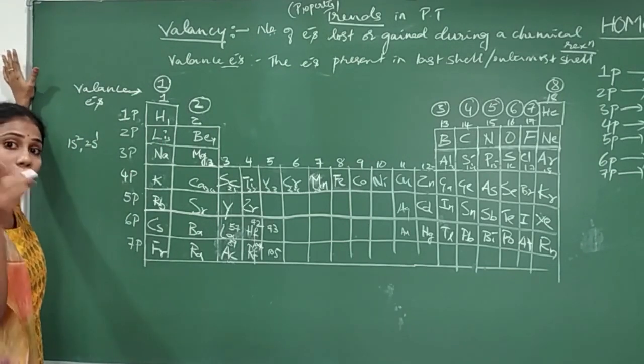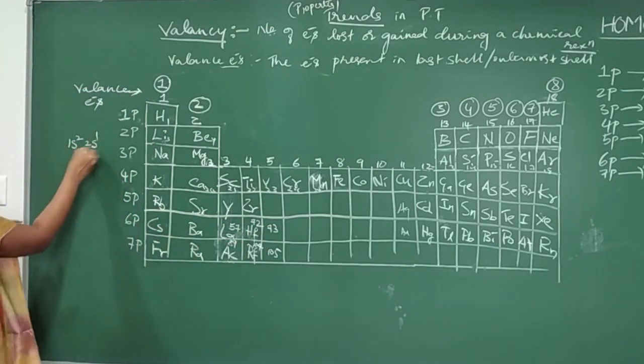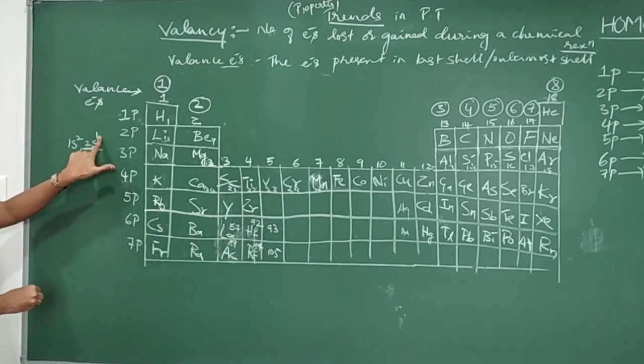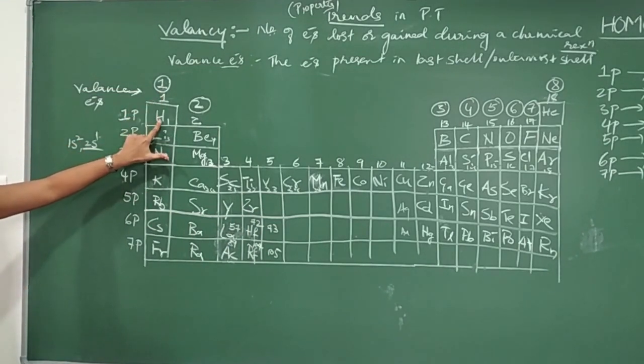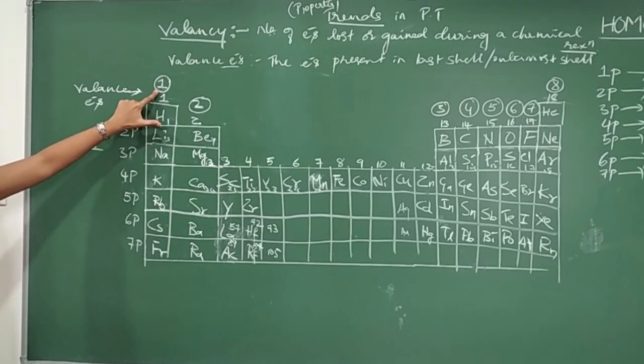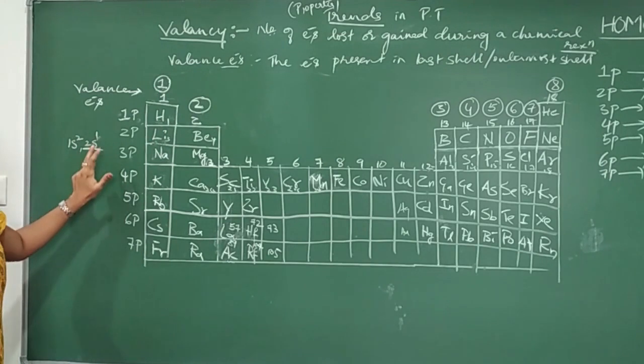Valence electrons means electrons present in the last shell. Which is the last shell? The second shell. How many electrons are there? 1. Hydrogen's electronic configuration is 1s1, so hydrogen also has 1 valence electron. Lithium also has only 1 electron in the last shell.